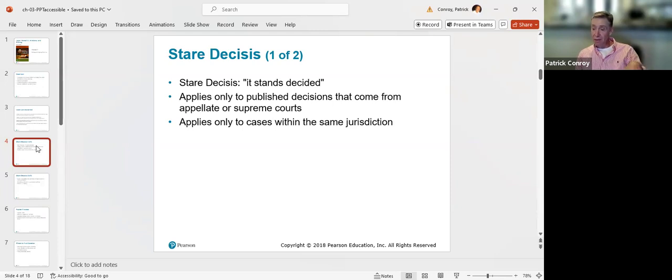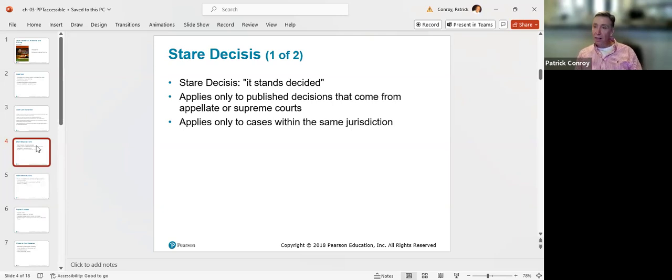That might cover several district courts across states or parts of the country. And then if it goes to the Supreme Court of the state or the US, it affects all the courts in that state or the United States. So that's what it means by it only applies to cases within the same jurisdiction.